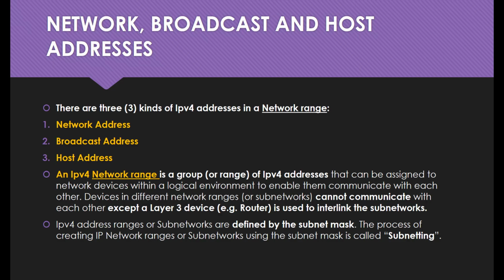But when they are found in different subnetworks or different ranges, they require a layer 3 device to connect to each other. IPv4 address ranges or subnetworks are defined by the subnet mask. The process of creating IP network ranges or subnetworks using the subnet mask is called subnetting.